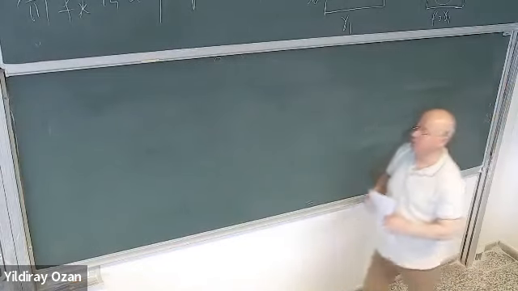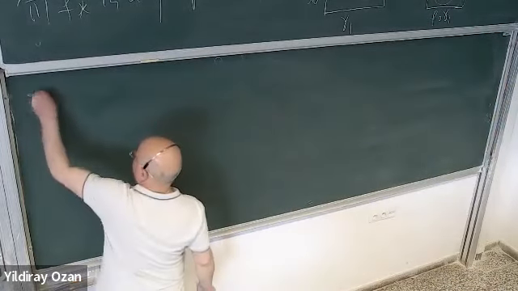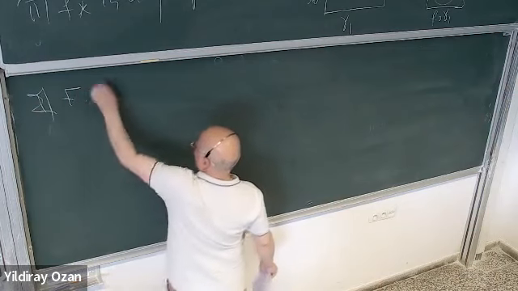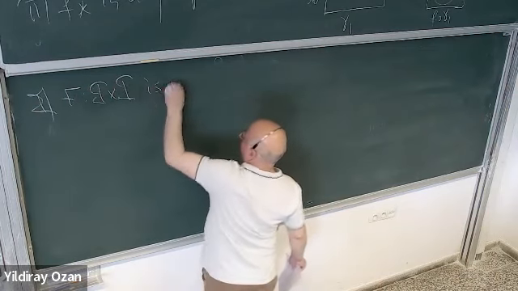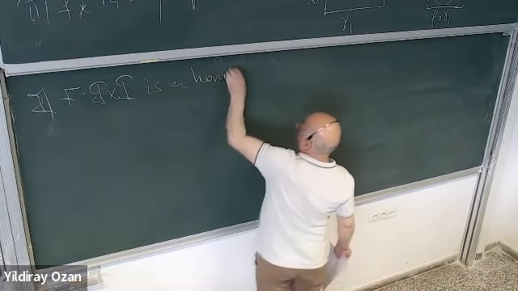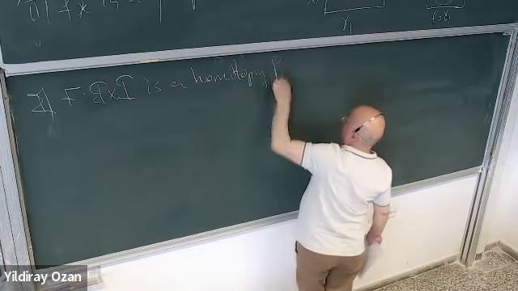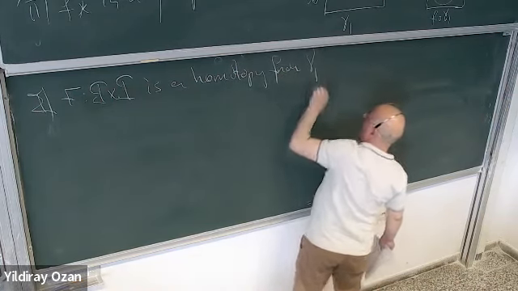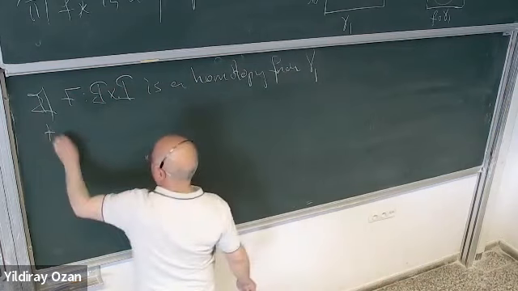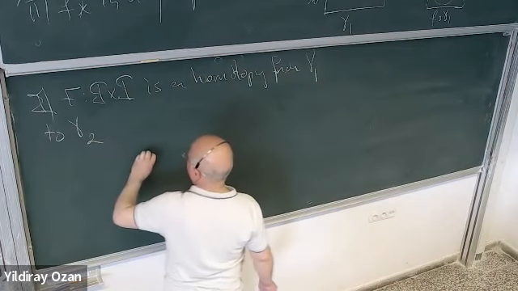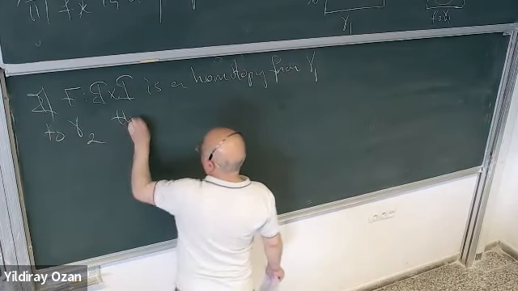So if F is a homotopy from gamma 1 to gamma 2, then we have what?